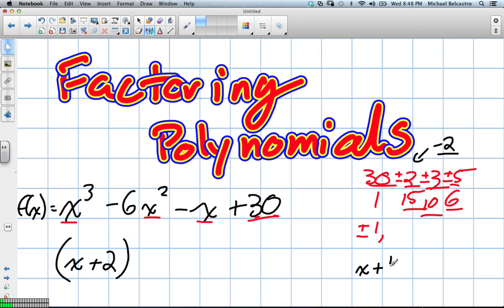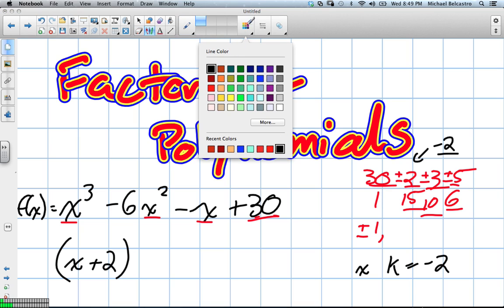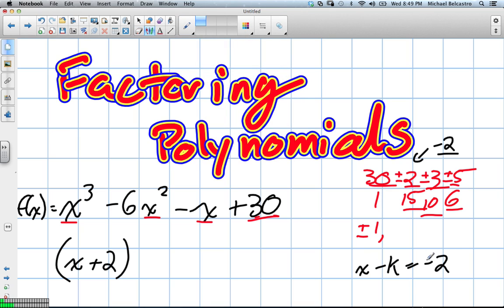So x minus k equals one of our factors, and our factor is x plus 2, so k is essentially going to be our negative 2 in this question. Okay, that's what it's trying to say.